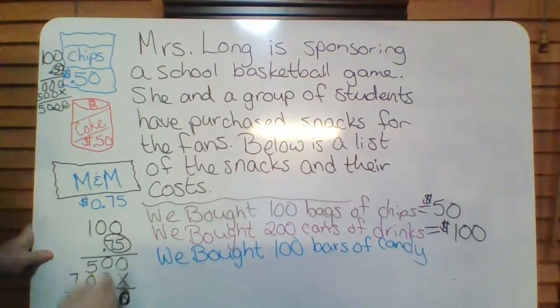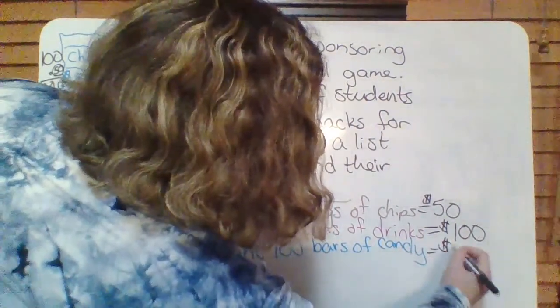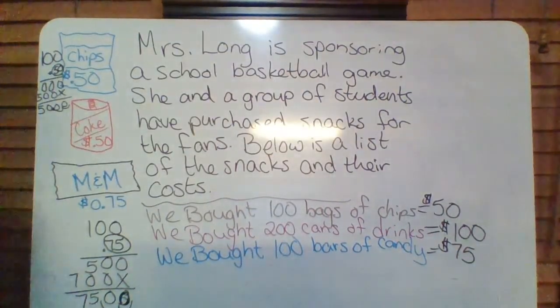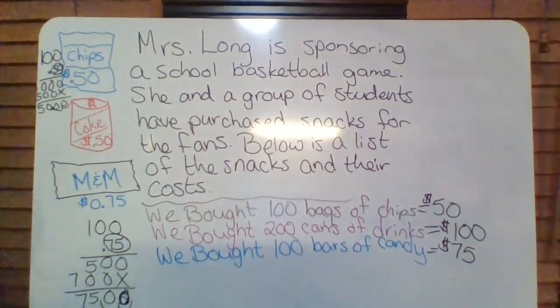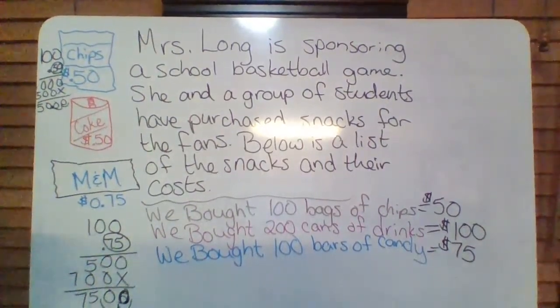I have 2. So 1, 2. So we spent $75 on candy. Okay? So we spent $50 on chips. We spent $100 on drinks. And we spent $75 on candy.